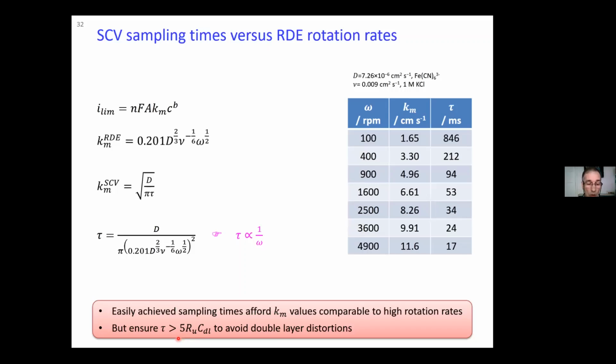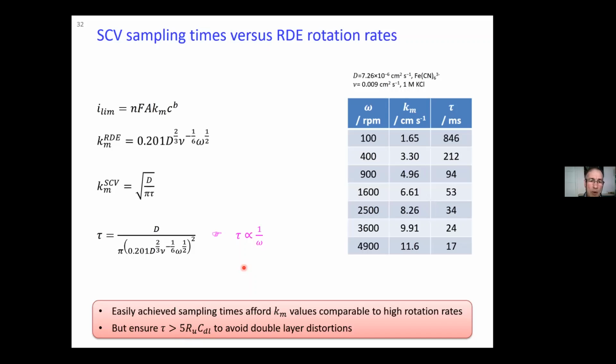So we would normally make sure that the sampling time is at least 5 times larger than the time constant for the charge and discharge of the double layer. 5 time constants is more than 99.9% completion of the charge and discharge of the double layer. So this is the sort of value that we would select.